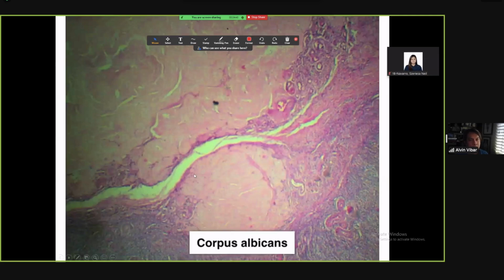What will happen to the corpus luteum? It will be transformed into a scar, fibrous tissue, and we call it the corpus albicans. Again, the corpus luteum is transformed into a scar, the corpus albicans.